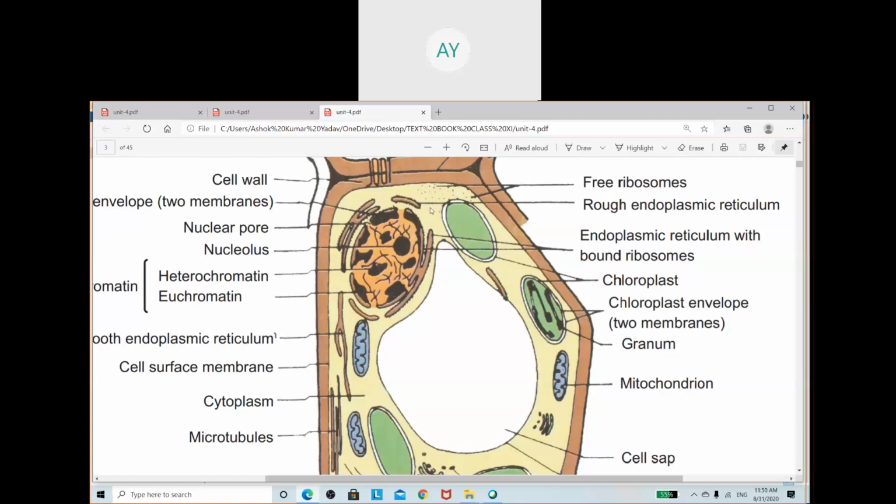So after formation, these three types of RNA, ribosomal RNA, messenger RNA and transfer RNA, will go to the cytoplasm, onto the ribosome, or the rough endoplasmic reticulum.